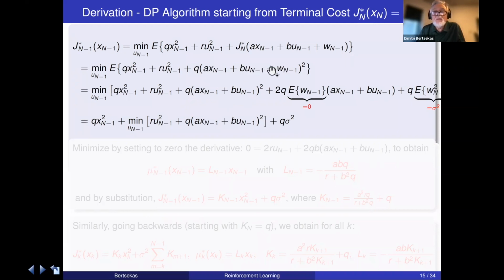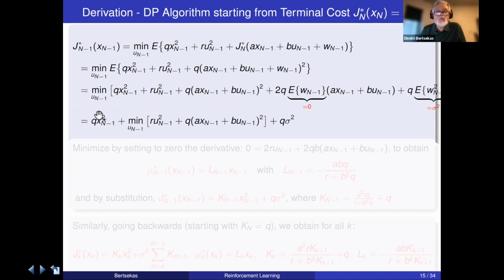So it's the square of this here, then the square of Wn minus 1, expected value of that, but this is just the variance of Wn minus 1, because remember, Wn minus 1 is assumed to be zero mean. And there's also a cross product term involving this and that and its expected value. And now this is zero because the expected value of Wn minus 1 is assumed to be zero. If it were not zero, we would have to modify this calculation.